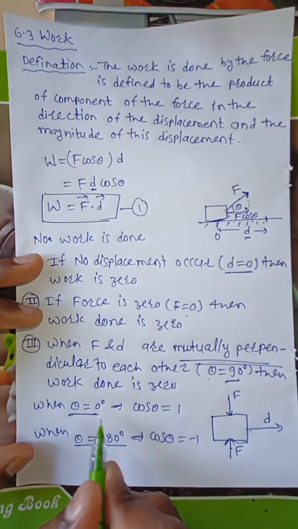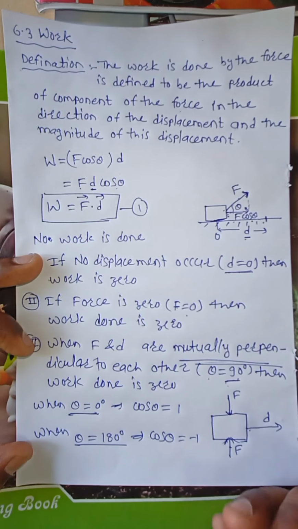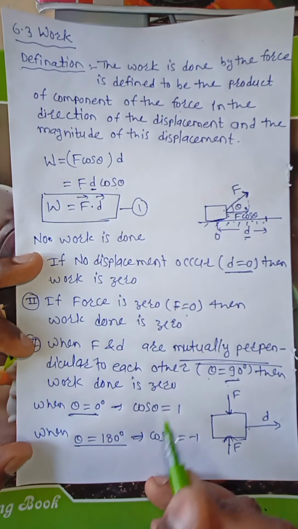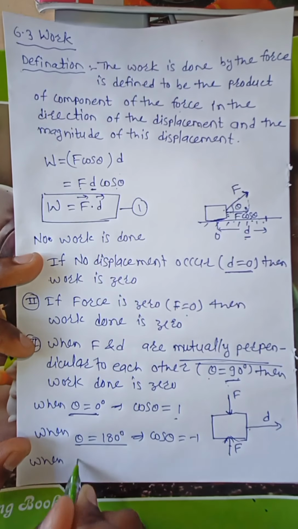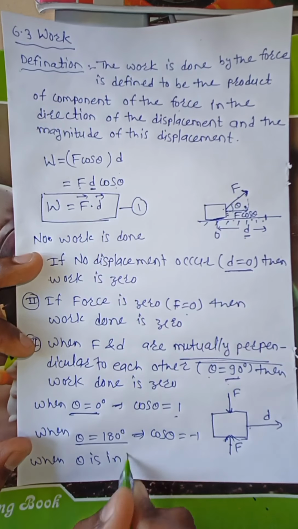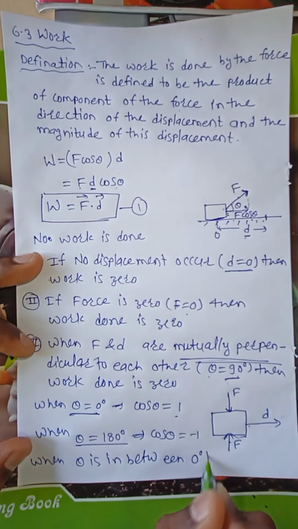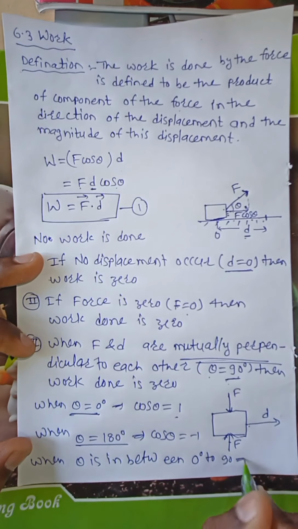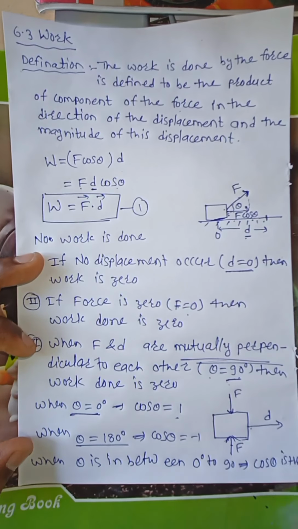When theta is between 0 to 90, then cos theta is positive.